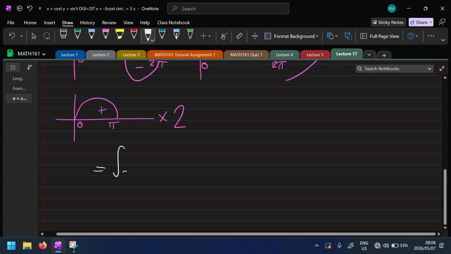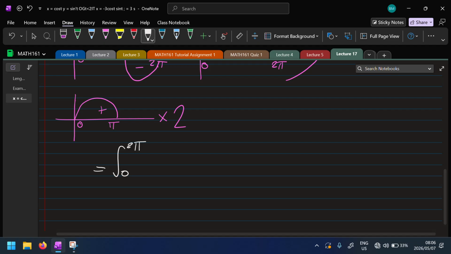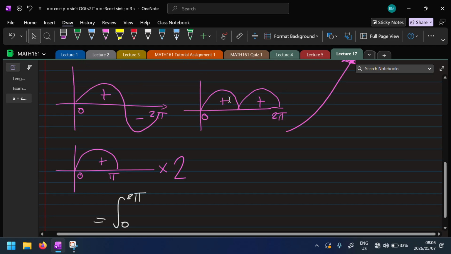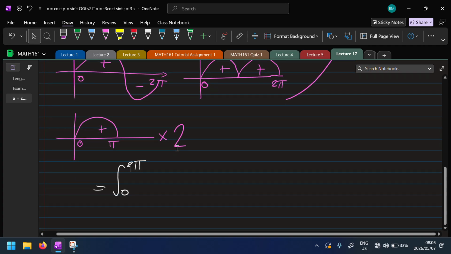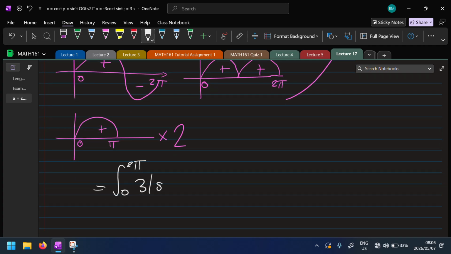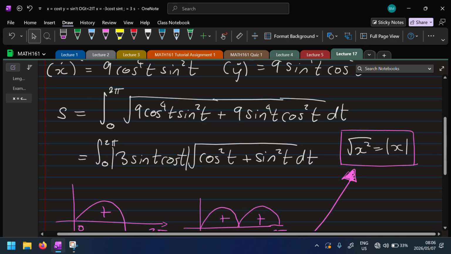So we have the integral from 0 to 2 pi, 3 absolute value of sine t cos t. And then cos squared plus sine squared is 1, so we can just leave that out.